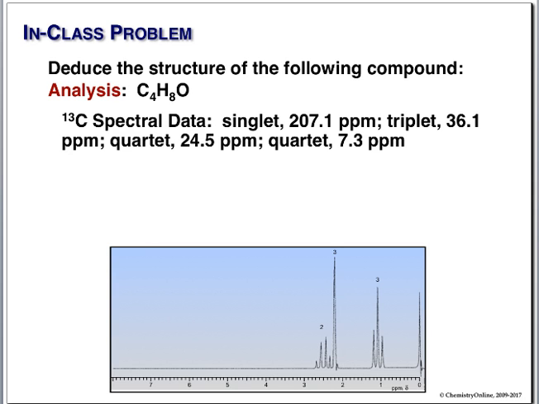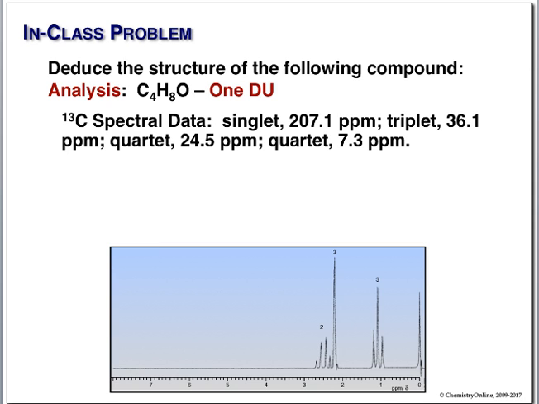All right, look at our analysis. C4 would require 10 hydrogens. We have 8, that's 1 DU, right? Look at our C13. We have a singlet at 207. What does that tell us?